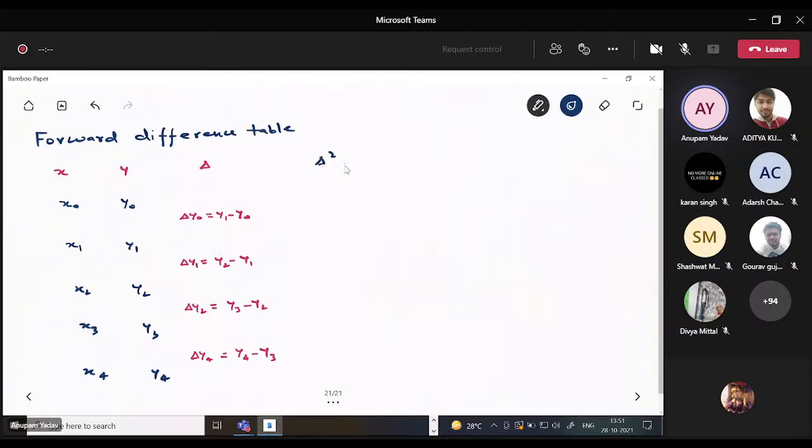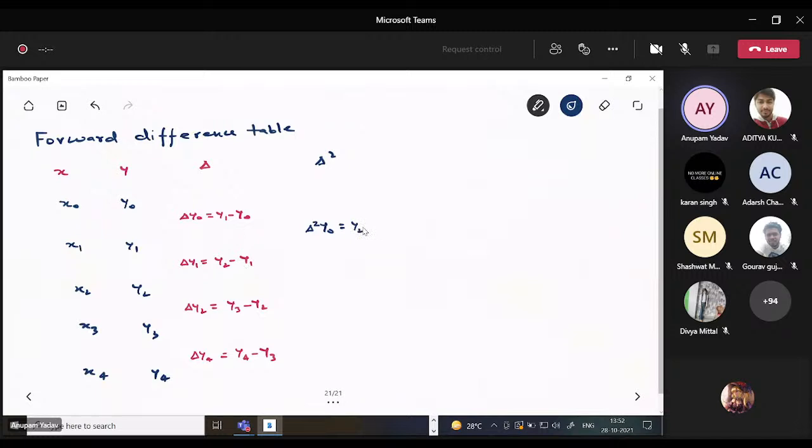Further, if we wish to write the second order differences, suppose this is del 2. It is del 2 y0, which is nothing but the difference of these two: y2 minus 2y1 plus y0.